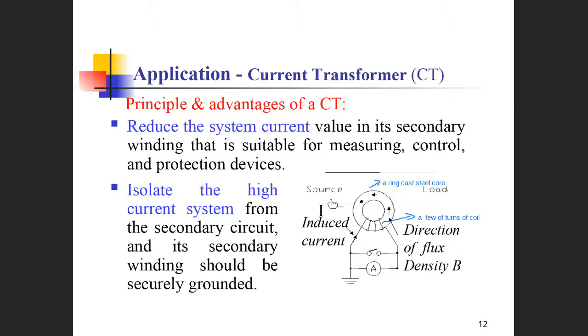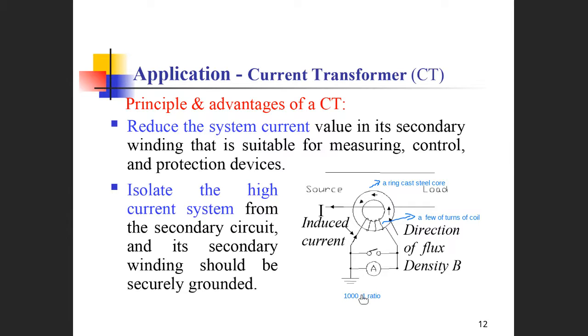Suppose that on the wires we have 1000 amperes of current. We can induce 1 ampere of current on the coils here. So we have a 1000 to 1 ratio.